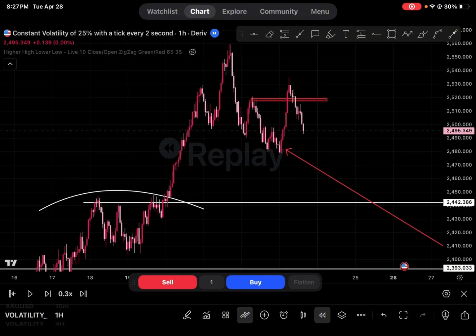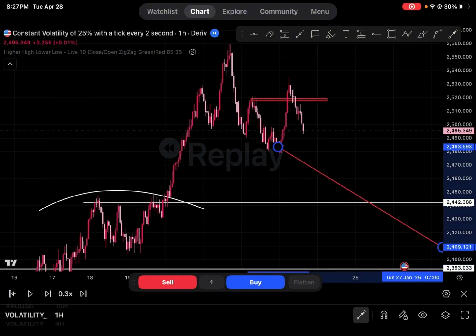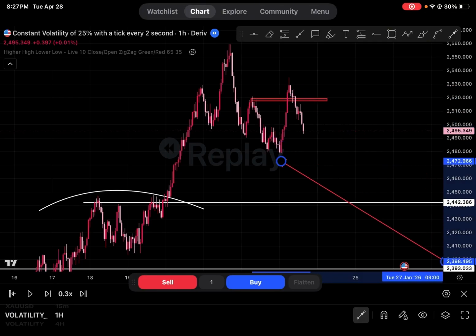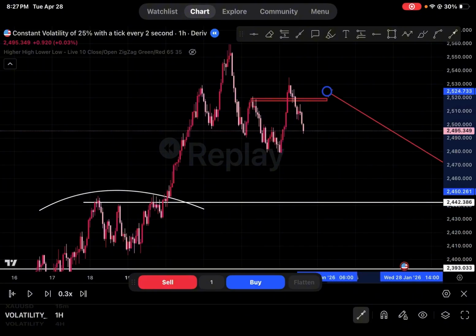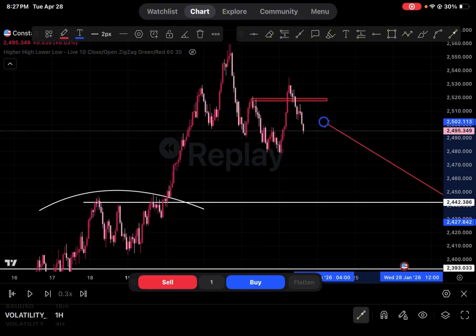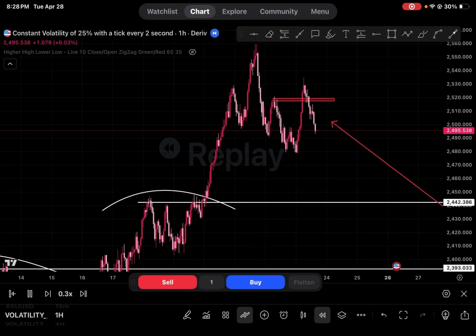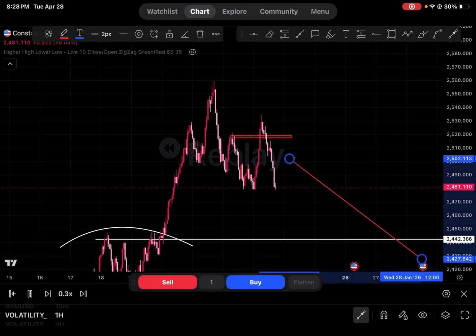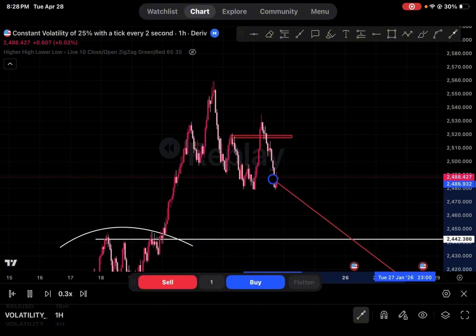So what I want to see next is price come and take out this low, because this is basically an indication. So if we entered them, where would I enter? Right here, and I would set my stop loss under here. So someone wants the price to come take the stop loss and then continue. Price comes and takes the stop loss, does the liquidity sweep.